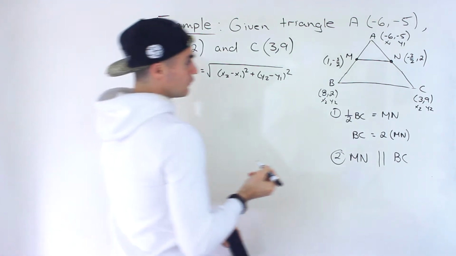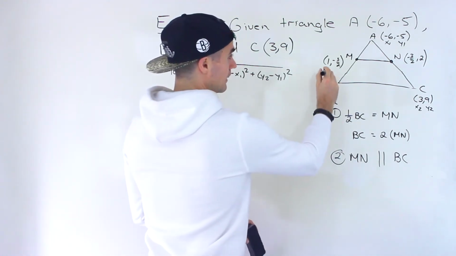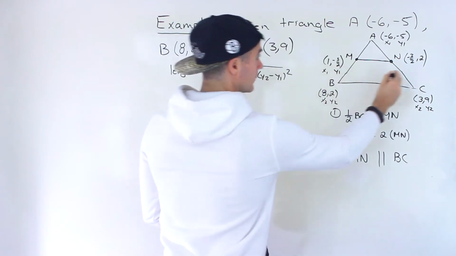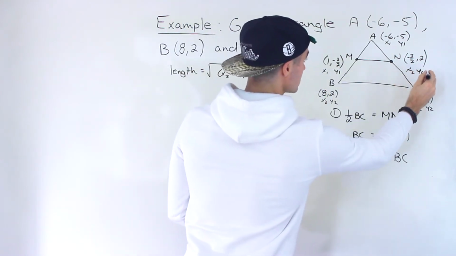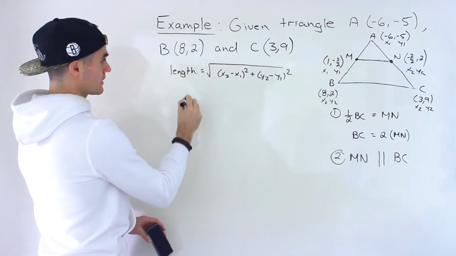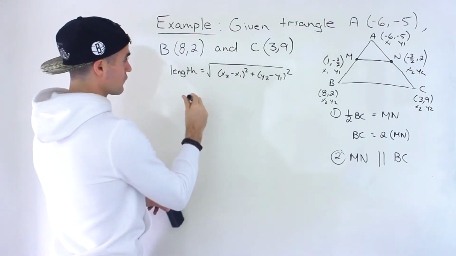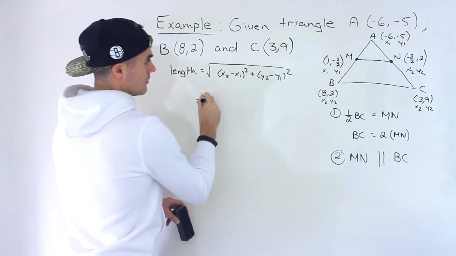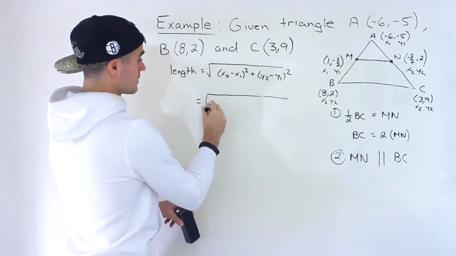So for this, I'm going to let this be x1, y1. I'm going to let this be x2, y2. So this is going to be kind of hectic as a heads up because we're going to be working with fractions here. But that's okay.